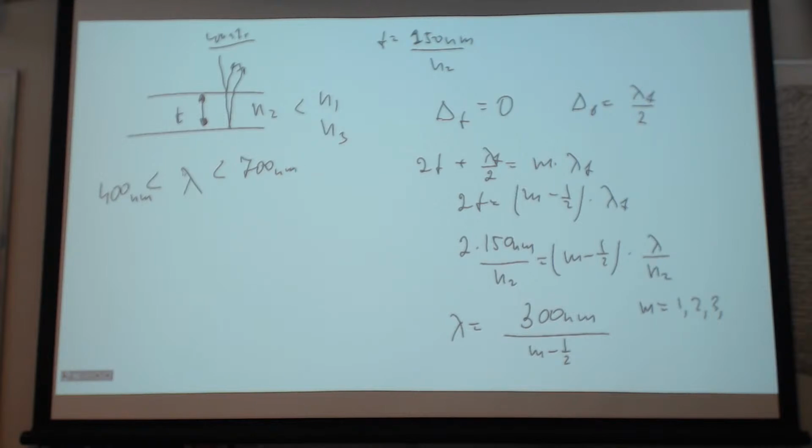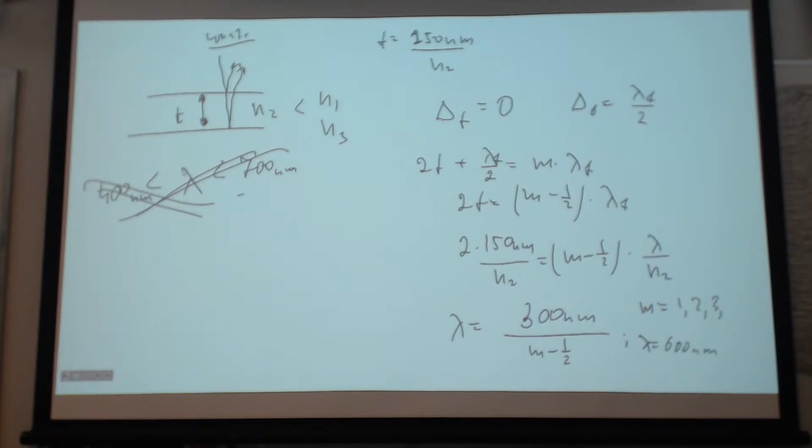Does it require to be visible? No, but they said to find the longest wavelengths, so I was also like, these are getting shorter. Well, the longest will be with m equals 1, and then the next will be shorter. So when m equals 1, 1 minus a half, 300 over a half, the longest is supposed to be 600.